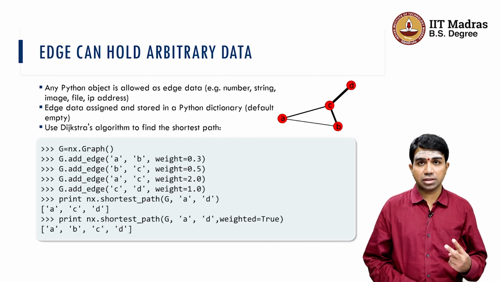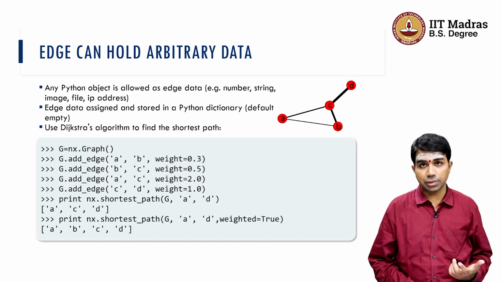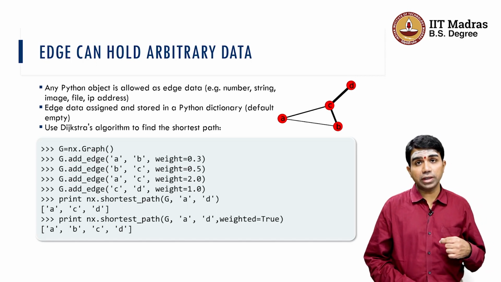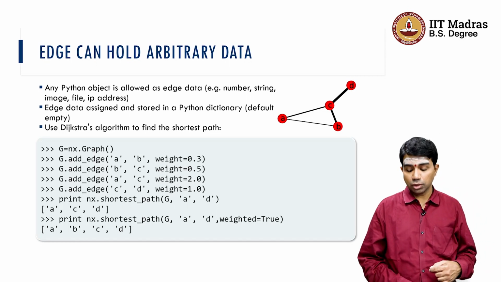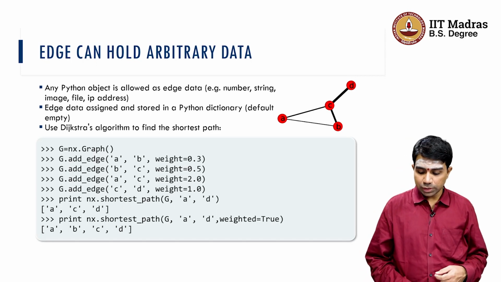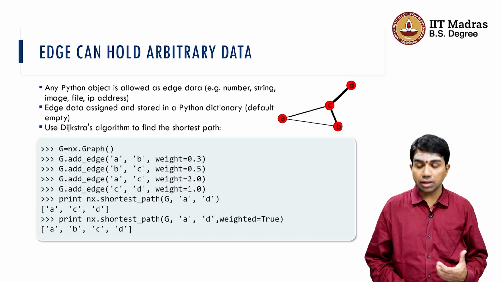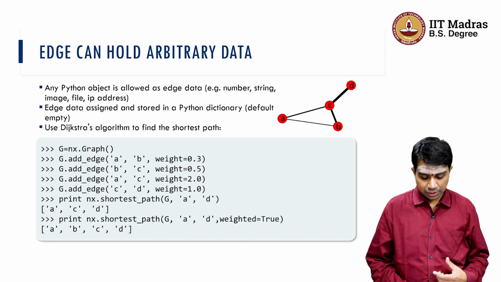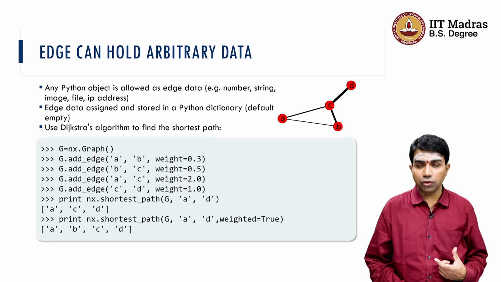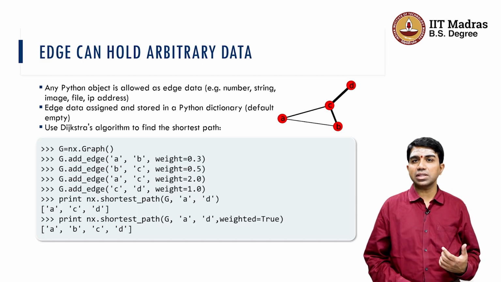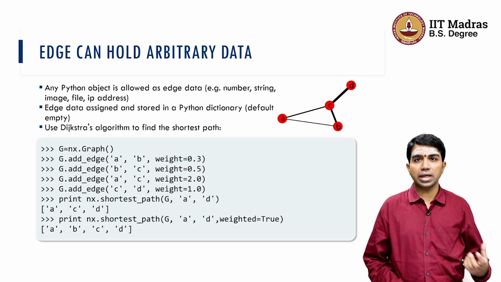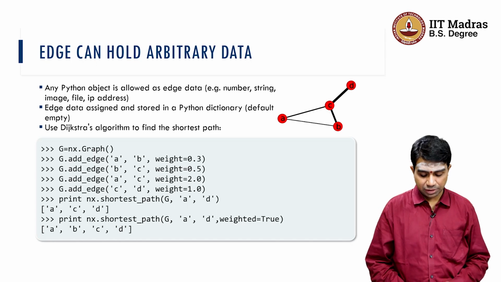So, A, C, D, just 2 edges. Think of all the weights as being 1.0. But if you want to find the weighted shortest path, what you will see is A, B, C, D, simply because AC is a very expensive edge. AC has a weight of 2, and remember all these edge weights are like costs. So, higher edge weights are bad in general.